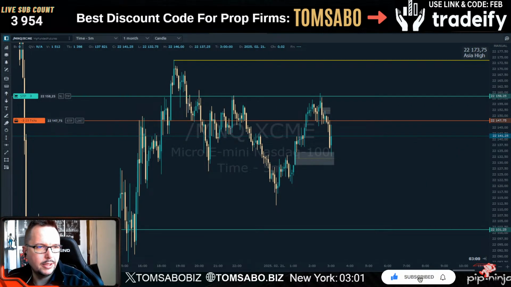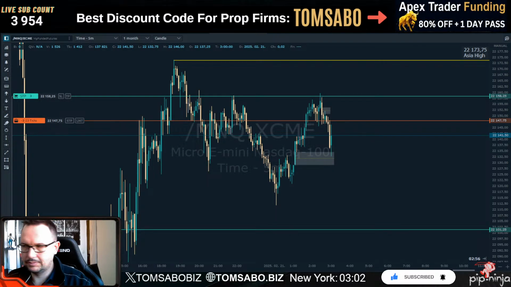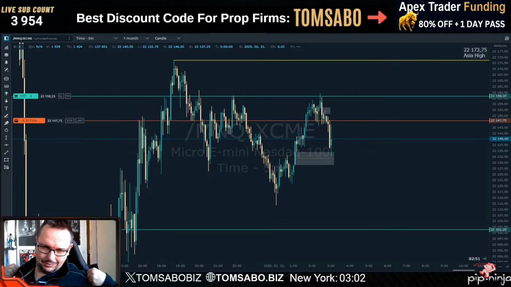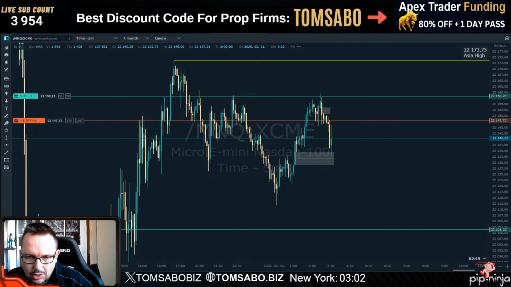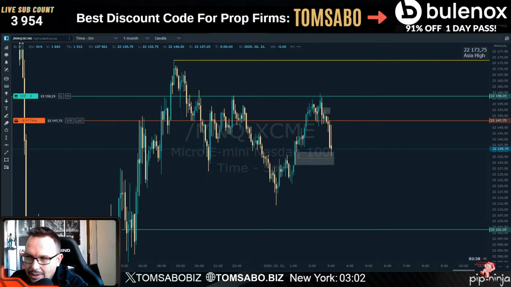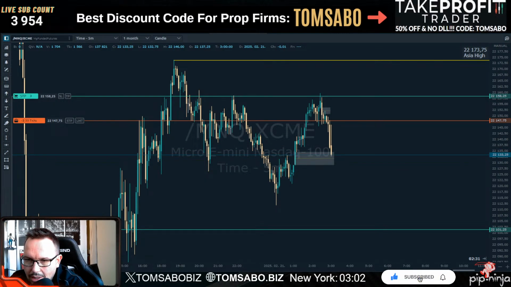Wrong window. PM session, AM session, London session, yeah. I'm starting to see this pattern as well, like the New York PM sessions and also the Asia sessions, by the way, are getting a little bit cleaner than the London AM session and the New York AM session. So getting much cleaner.